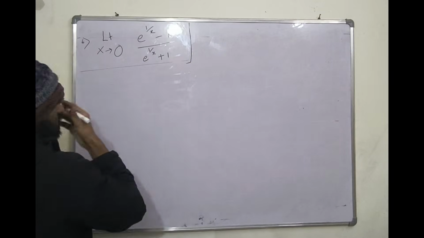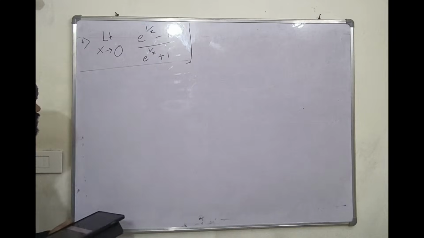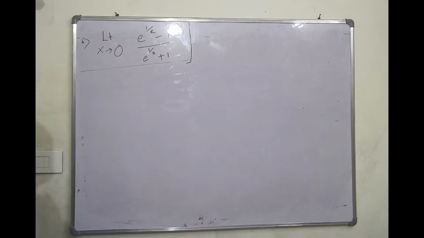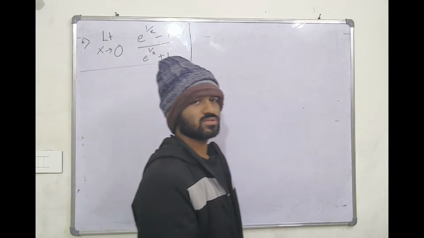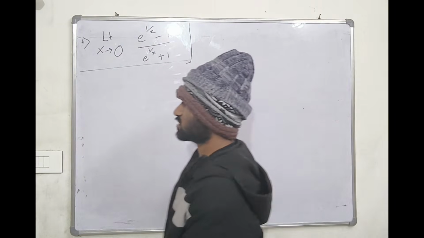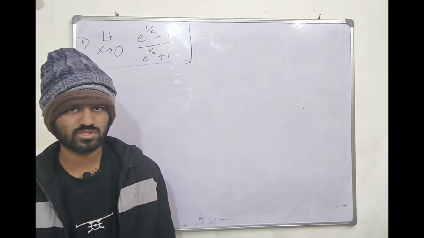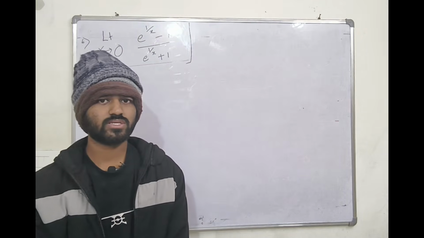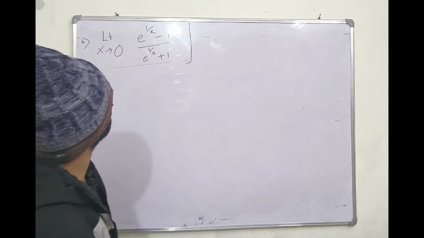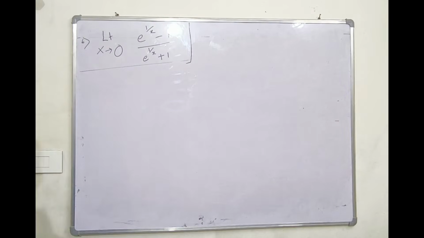I told you that for some questions there will be only a unique approach. If you try other approaches, you don't get the exact answer. So this is one such type of question.